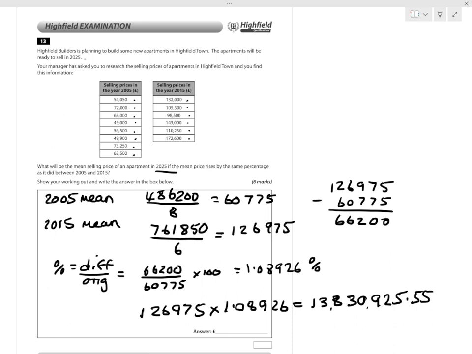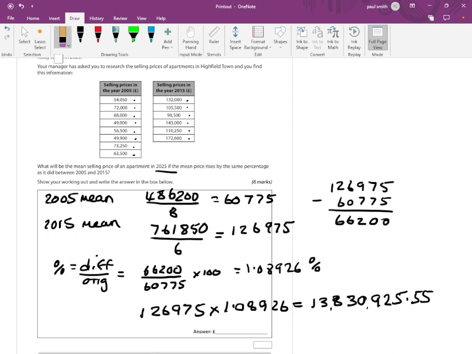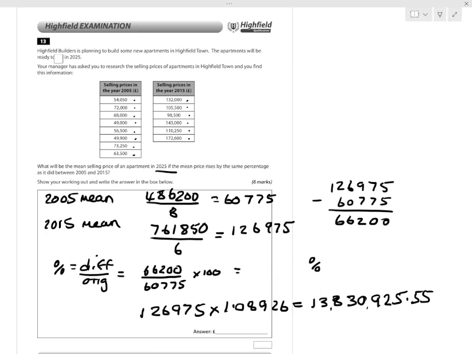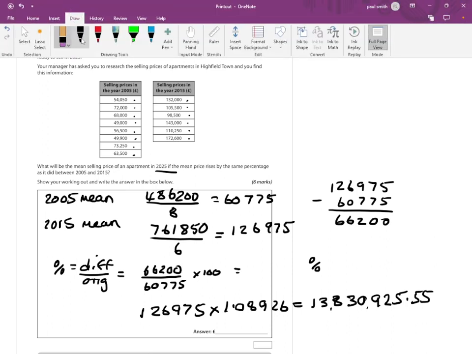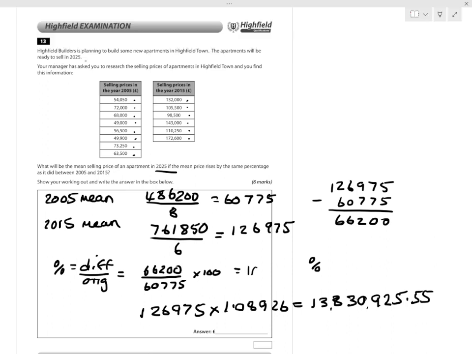It should have gone up like 100%. Oh, it was 100%. Yeah. Hang on, this number's wrong, isn't it? So that was 108.926%.